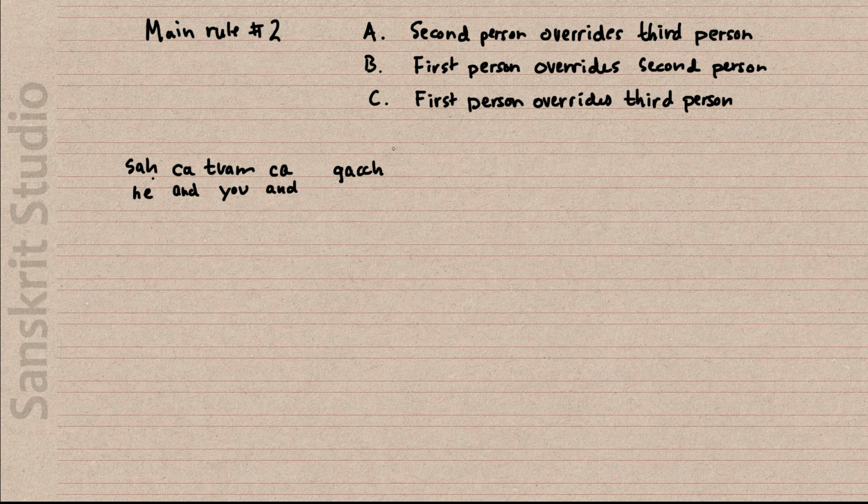Well, according to rule A here, second person overrides third person, and therefore we should have dual second person. So dual second person would be something like this: vadatah.